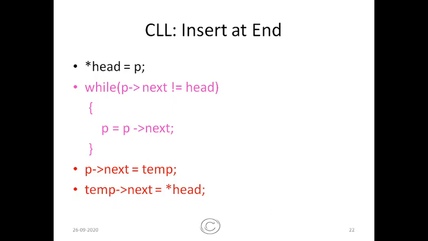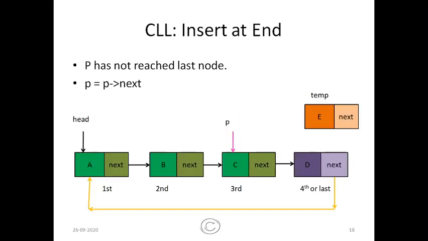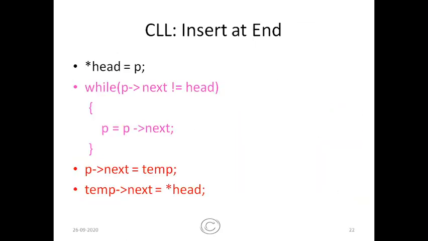You will pass the head node as a double pointer, as you have seen in the previous slide. Here, struct node double star head, and simply the key value, int key; no need to mention the position. Then you can write p is equal to star head, then while p next has not reached the head address, p is equal to p next.